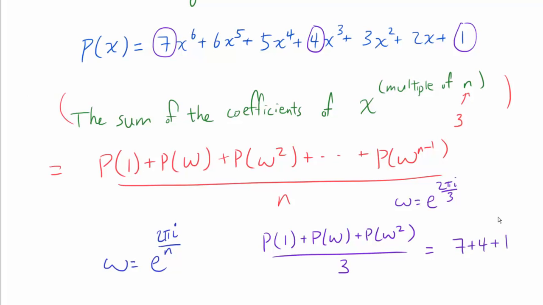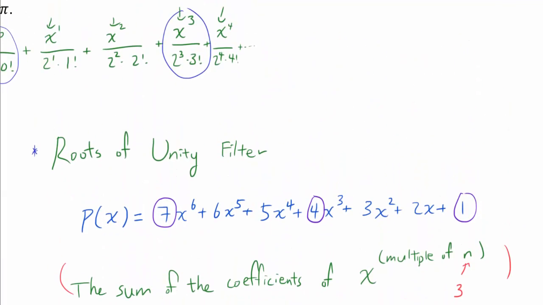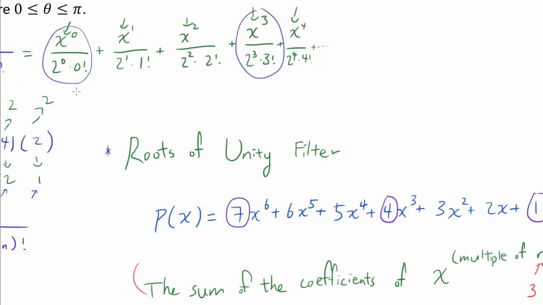So the roots of unity filter gives us an alternate way of calculating the sum of certain coefficients without directly just adding them up. And in our case, directly adding up our coefficients is actually the entire point of doing this question. And as we are about to see, using roots of unity filter makes this calculation much easier.